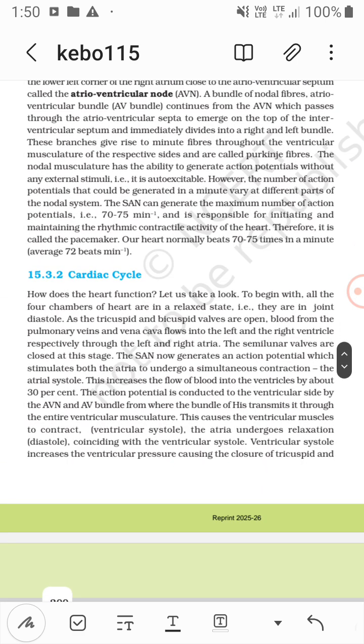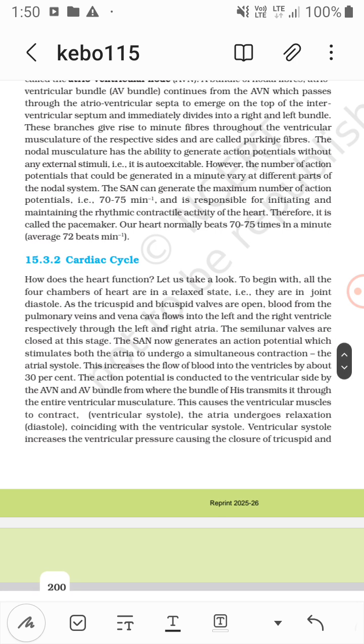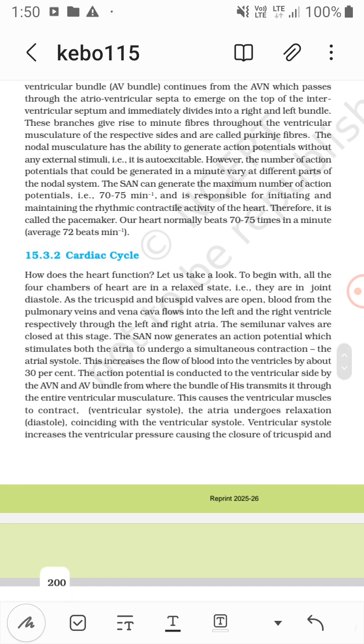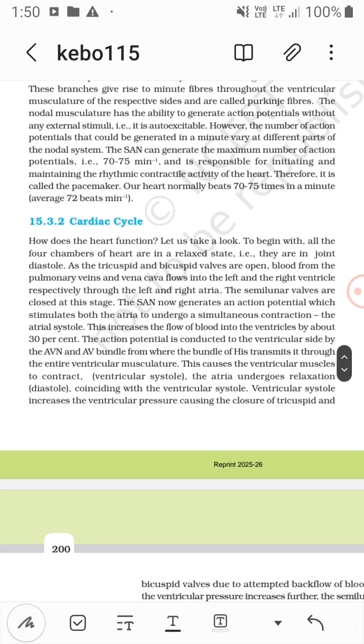Then the cardiac cycle. All four chambers of the heart are in a relaxed state. That is first, joint diastole.